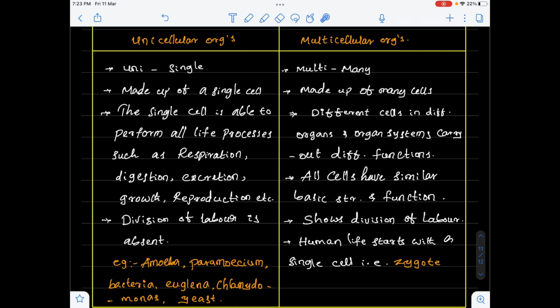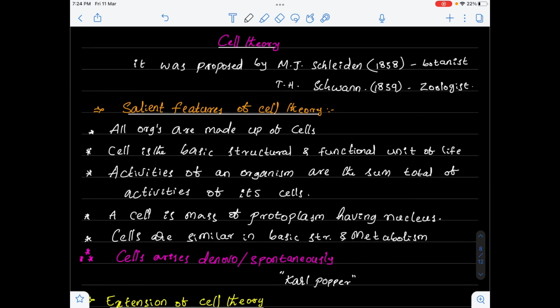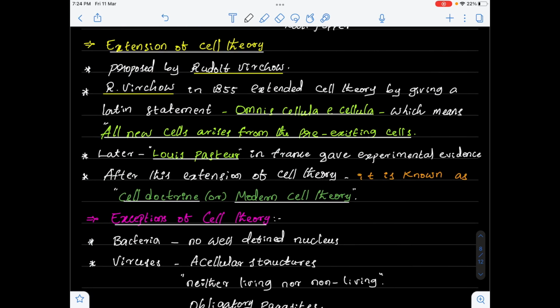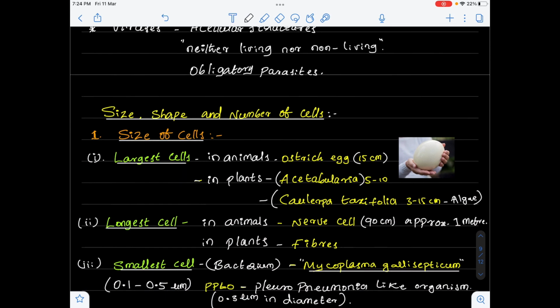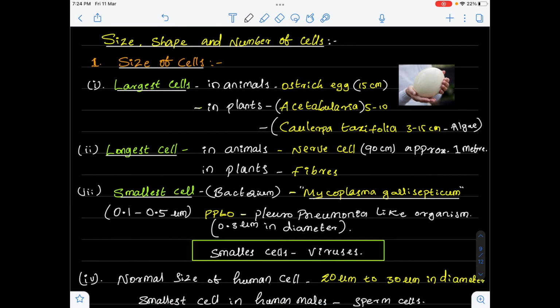And examples of multicellular organisms: humans, plants, animals, all fungi except yeast. So this is about cell theory, extension of cell theory, size, shape and number of cells.